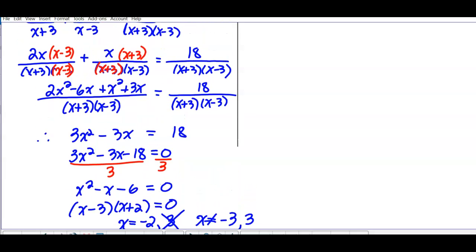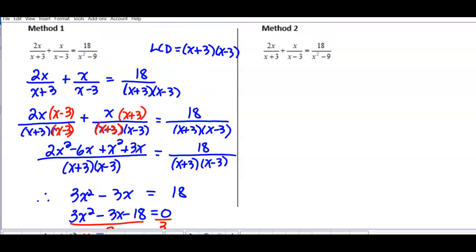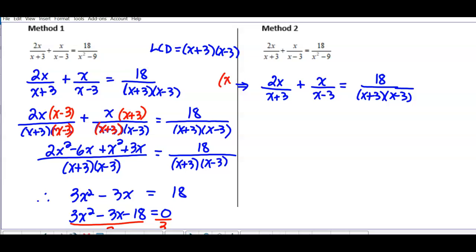Now, for the other method, really, we want to factor, so this is going to be the same. Then you multiply 3 by your lowest common denominator, and put brackets around each whole side.